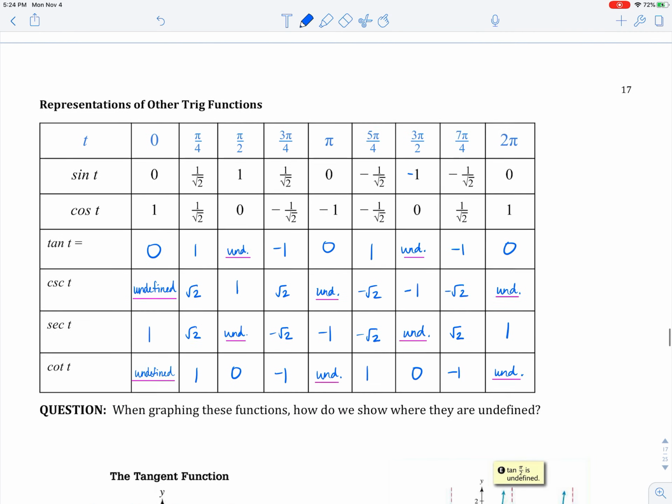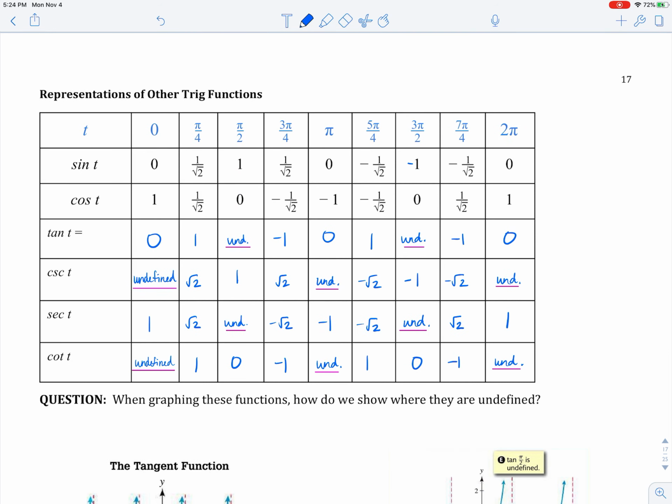So let's look more at different values of all 6 trig functions, and let's look at where the functions are undefined. For tangent, for example, tangent is undefined at pi over 2 and at 3 pi over 2. Cosecant is undefined at 0, pi, and 2 pi.